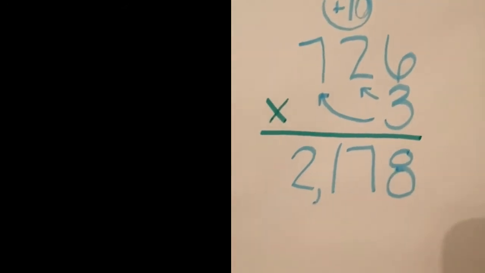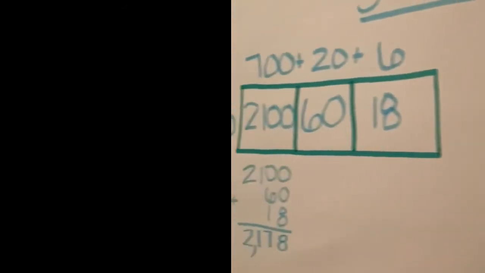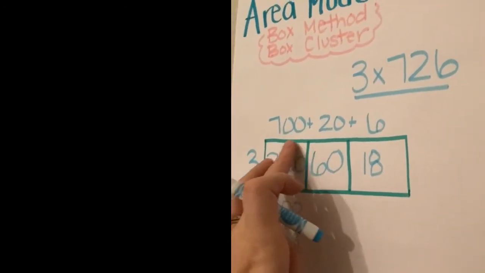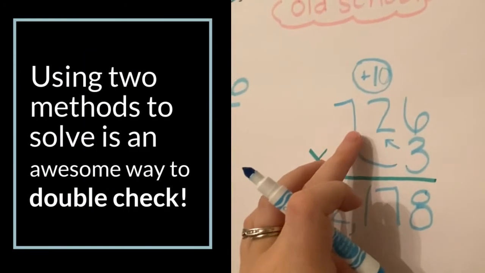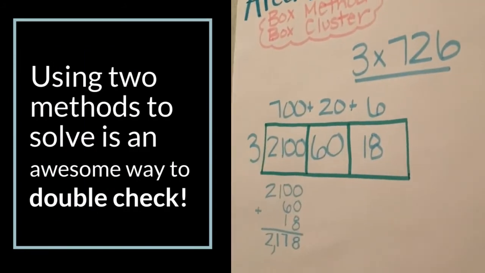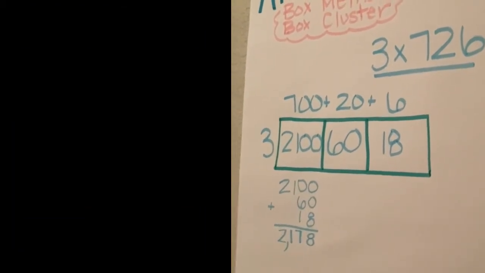And as you can see, I got the same answer in 2 different ways. This just really helps you understand the place value of each digit. I personally have to see it this way for my brain to understand it a little bit better.